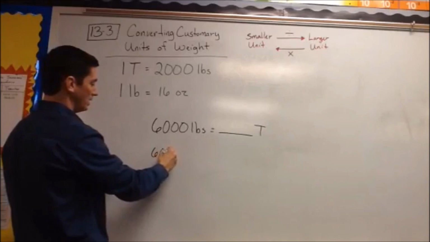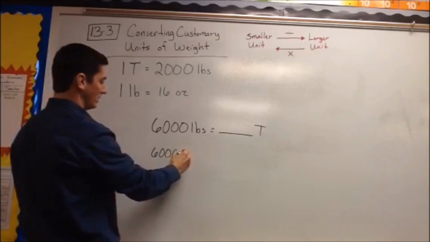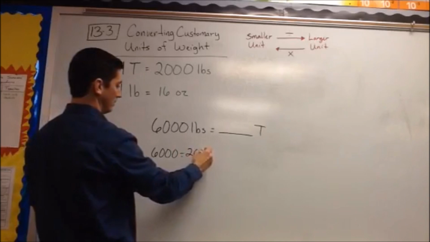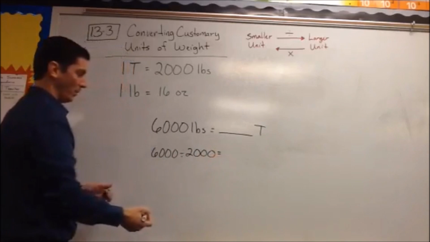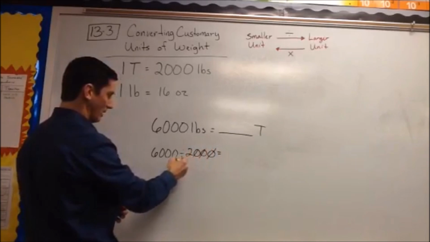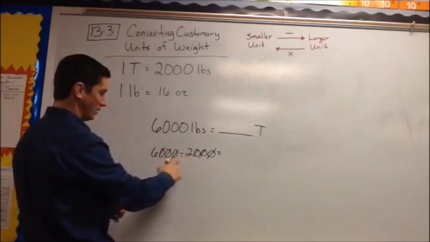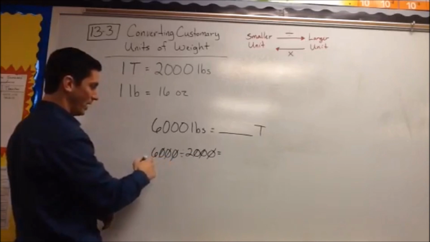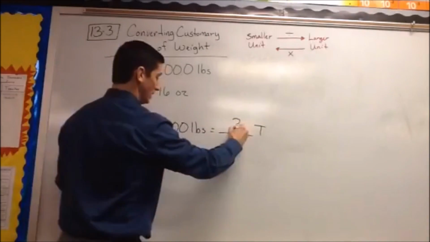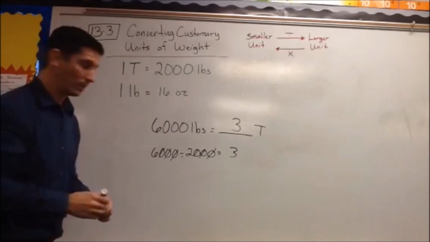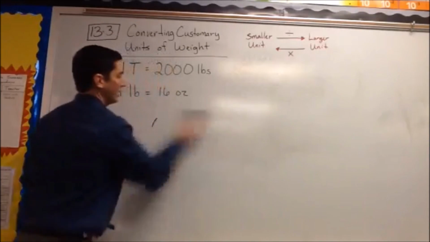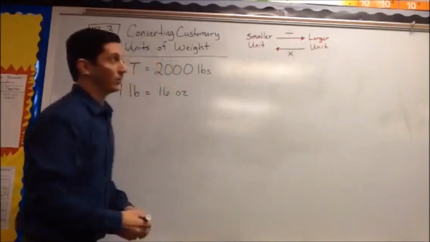So we already said divide. I take 6,000 and I divide it by 2,000. And if you remember our division, when we divide, we get to cancel out zeros, right? 3 zeros canceled here, 3 zeros canceled here. 6 divided by 2 is 3. So that means 6,000 pounds is 3 tons. Got to get my subject-verb agreement correct.